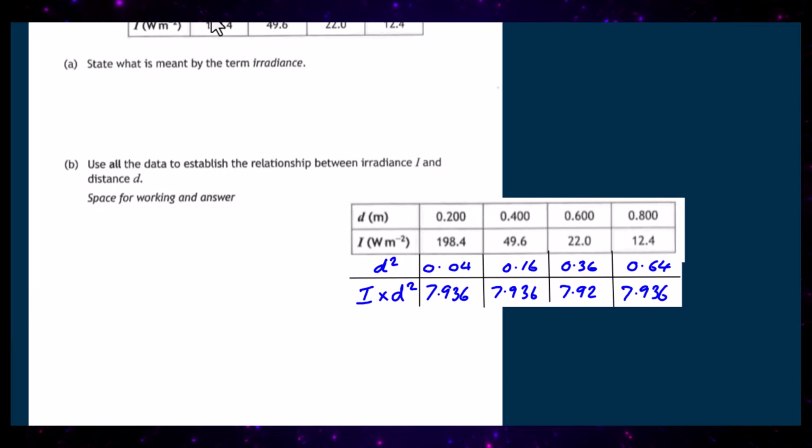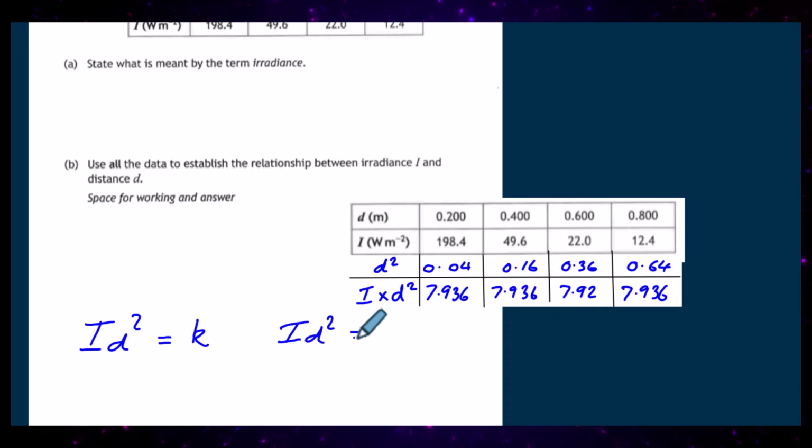So we can put it down as follows. I times d squared is equal to a constant number. We'll call that constant number k. In this case, I d squared is equal to 7.9 to one decimal place.